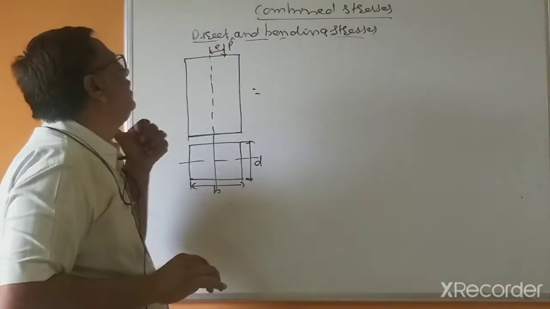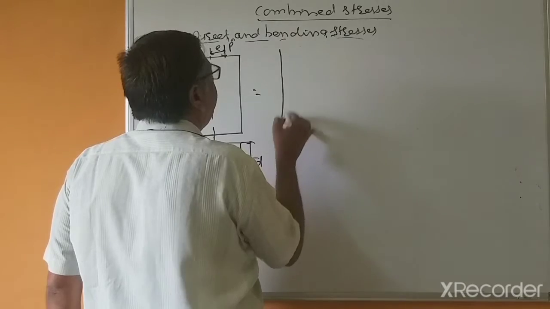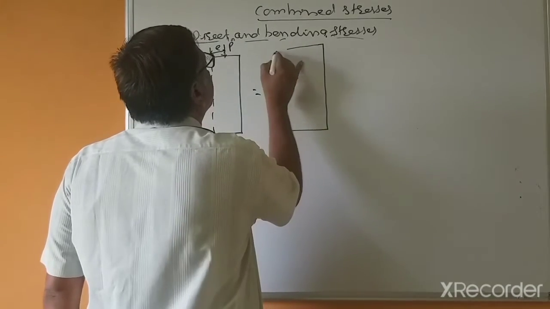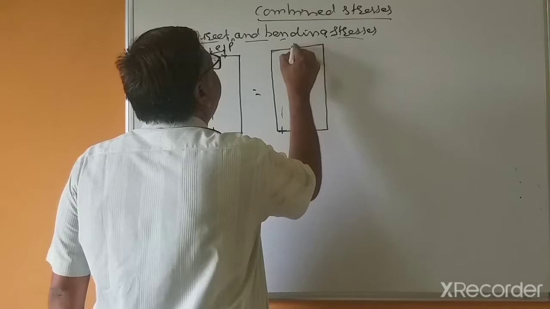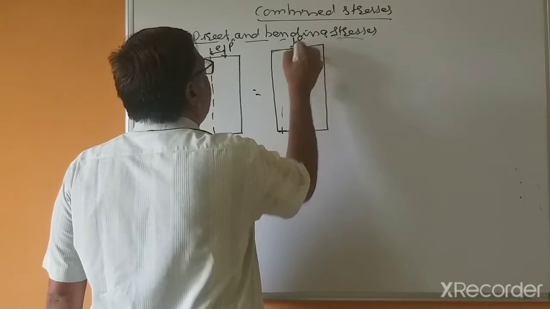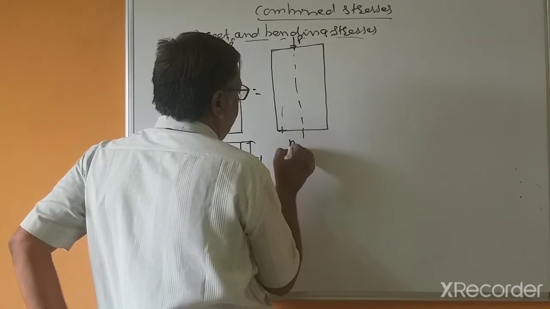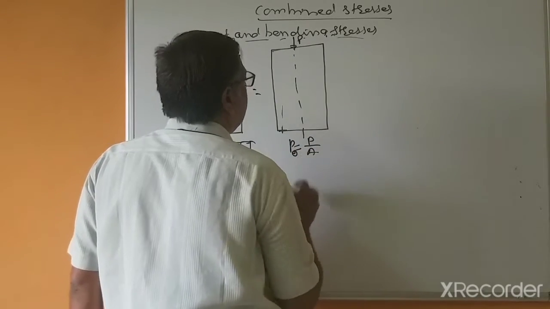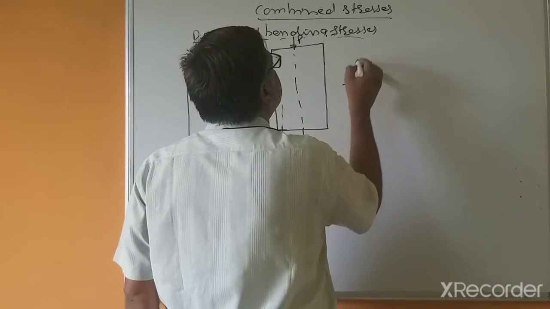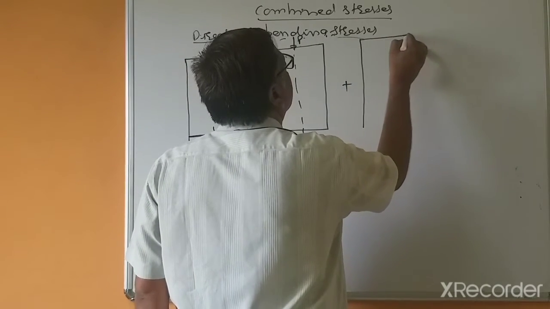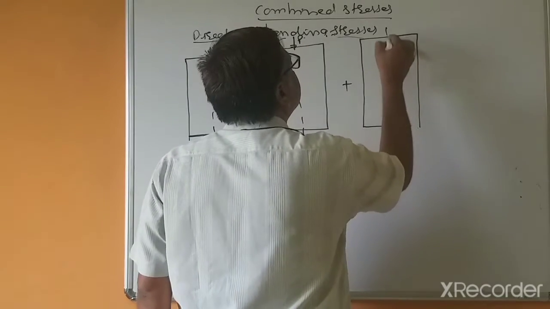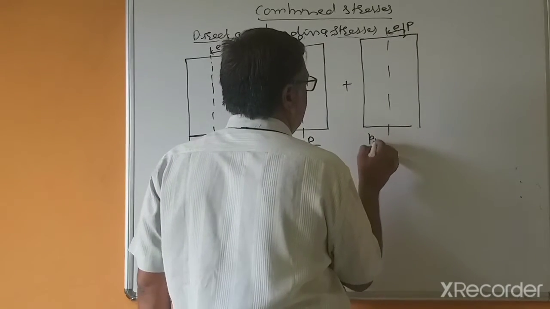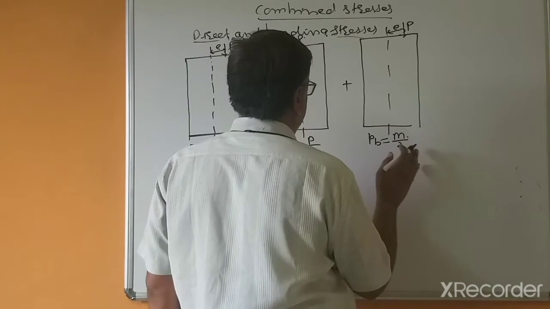So the direct stress is P divided by A, and the effect of the bending stress is pb equal to M by Z.